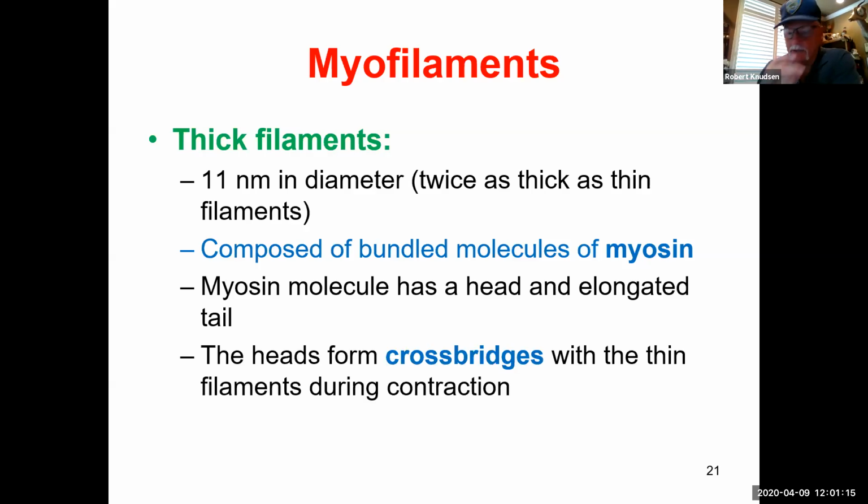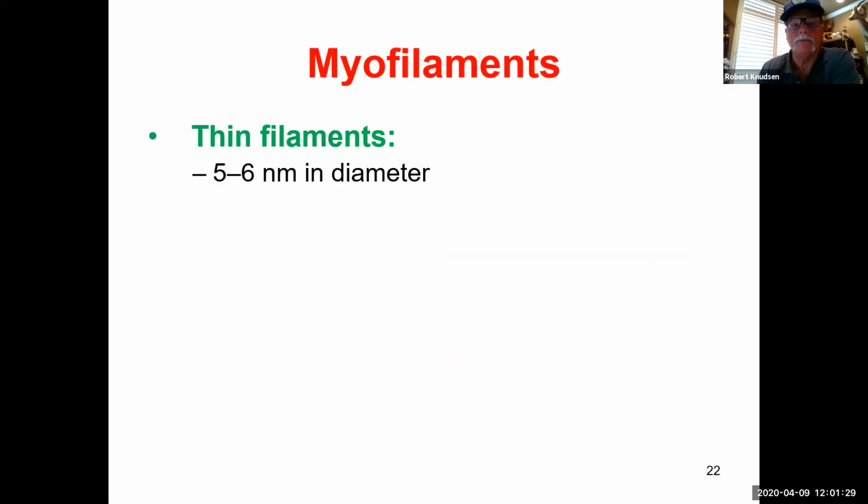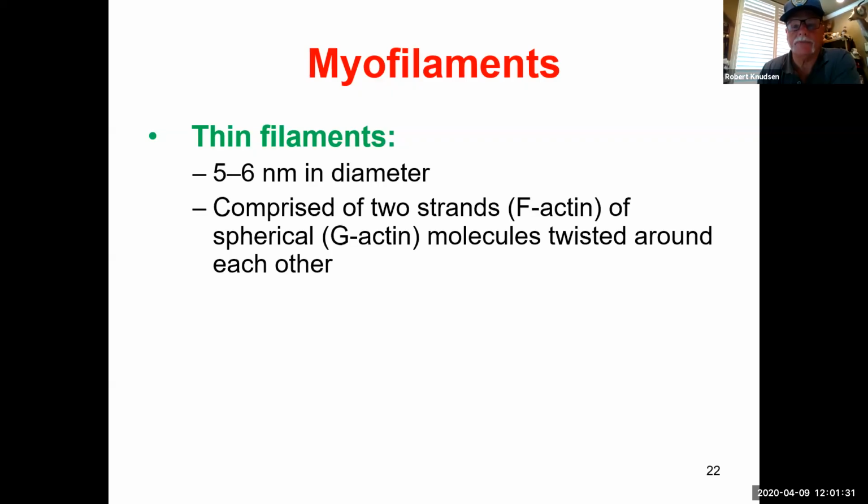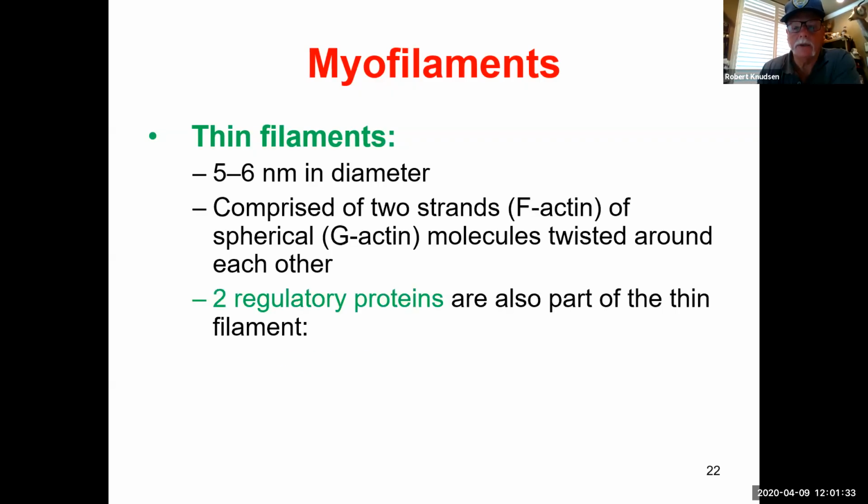Cross bridges. A cross bridge you get from an actin and myosin bonding together. And I drew that for you. I think I made the actin blue and the myosin red. Thin filaments, don't worry about the F and the G, actin. And that's it.